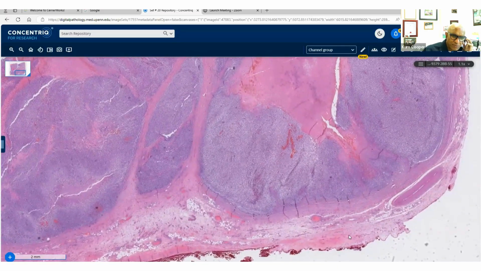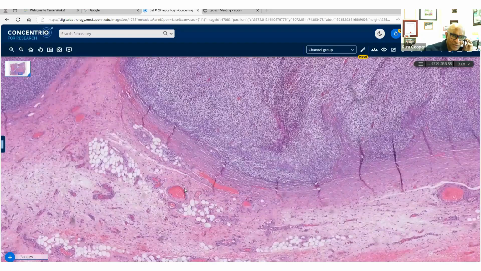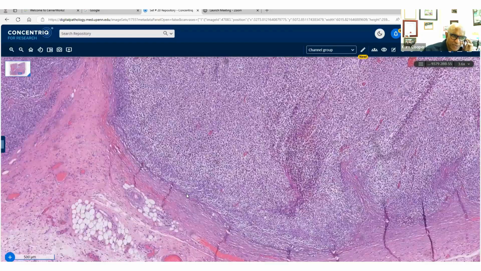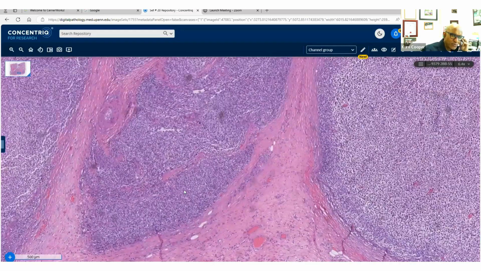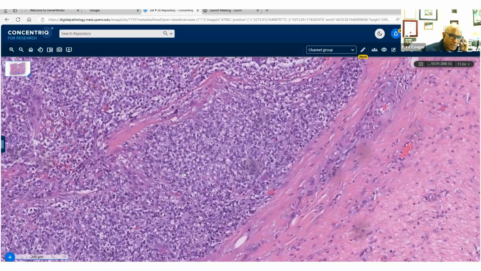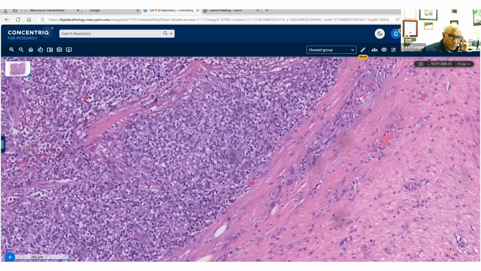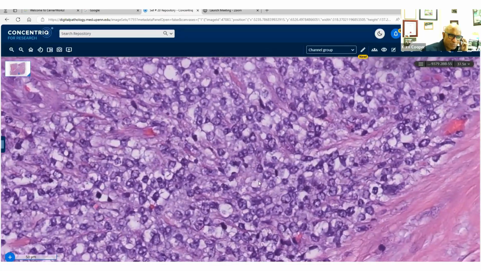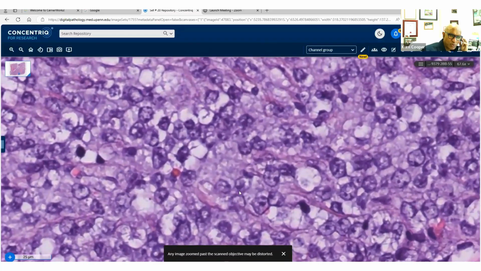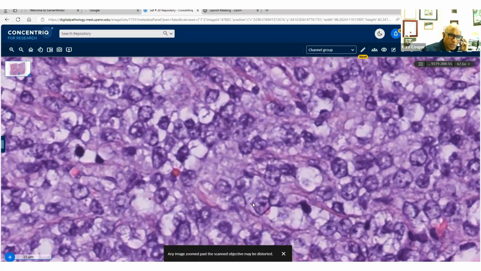Like I said, well circumscribed, almost a pseudo capsule to this. And here you can see, let's start here and look at the cytomorphology, which is pretty similar all over. It's a diffuse pattern. And you can see these nuclei. They are pretty much pleomorphic, the larger ones and smaller ones, very prominent nucleoli.